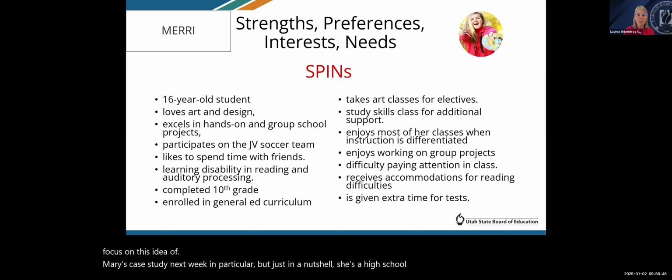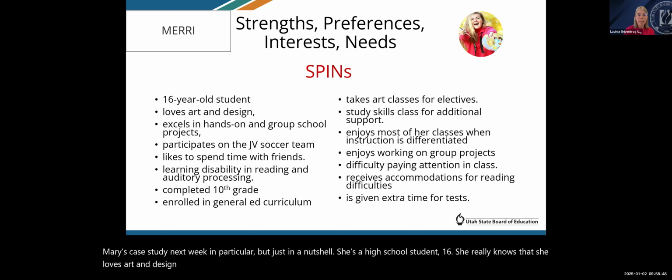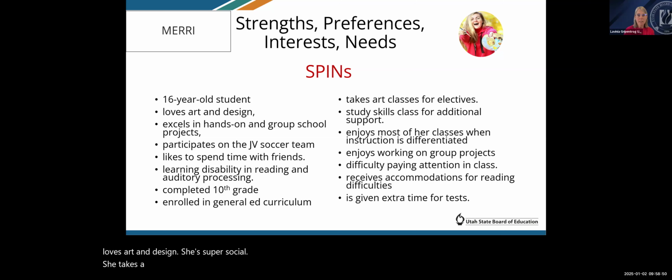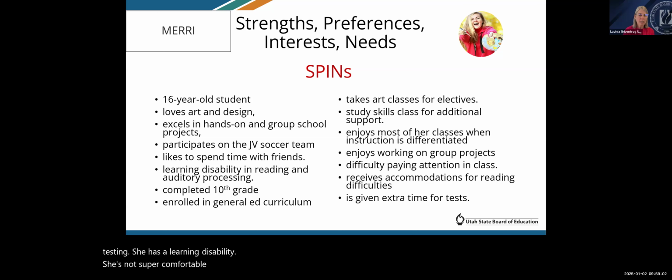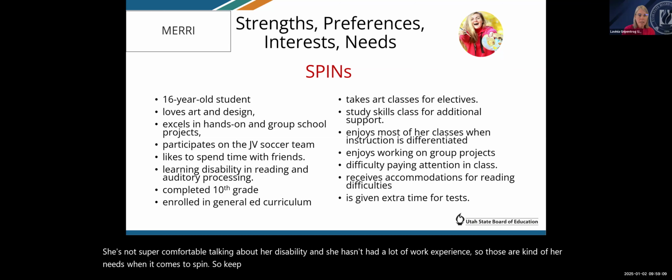She really knows that she loves art and design. She's super social. She takes a lot of art classes. She's in gen ed classes for the most part. She knows she's got some accommodations around testing. She has a learning disability. She's not super comfortable talking about her disability, and she hasn't had a lot of work experience. So those are kind of her needs when it comes to transition. So keep that in mind.